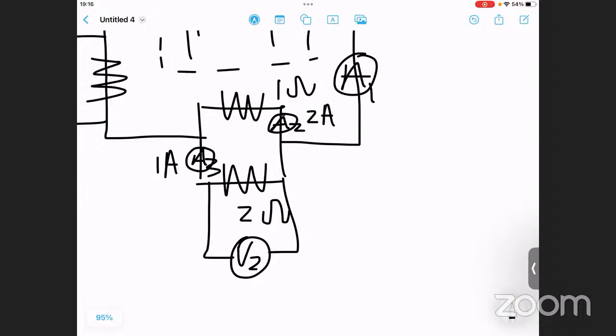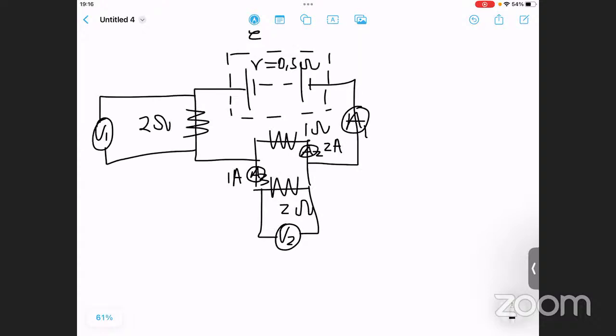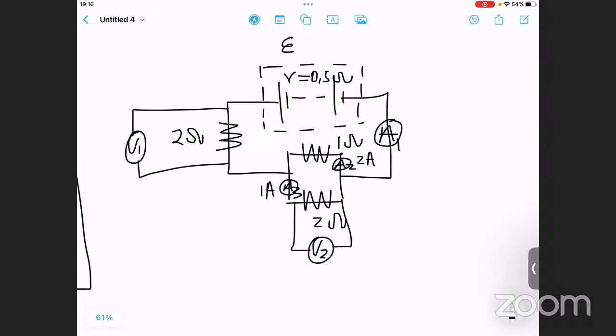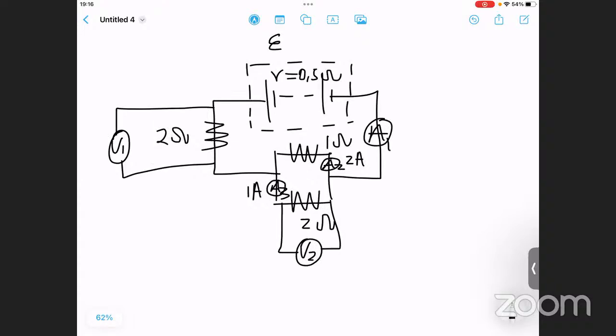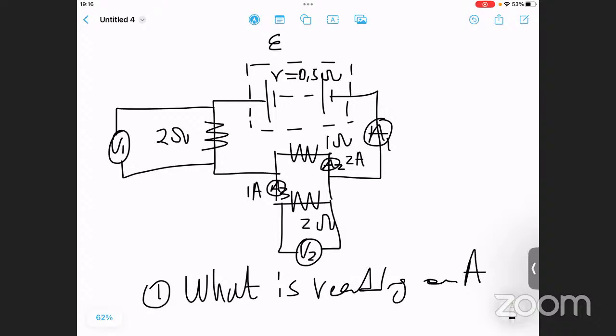Remember, guys, this is just a question coming out of my mind. I'm setting a question paper there, and I'm going to be asking you questions based on that. You do it quickly, I give you time, and then you give me the answers, then we do the corrections immediately. Question number 1: what will be the reading on ammeter number 1?